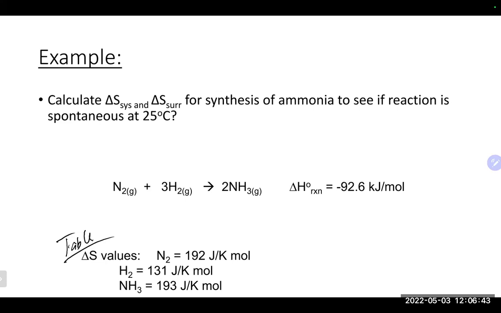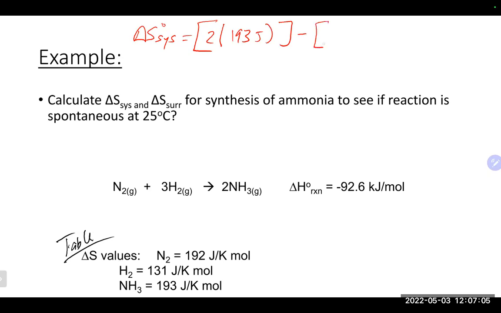Okay, let's take a look. So I'm going to start with the system here. We're basically just going to do our products minus reactants, so we can find those values there in the table. We do have 2 of the NH3, so we want to take 2 times the value of NH3, which is 193. That takes care of our products.